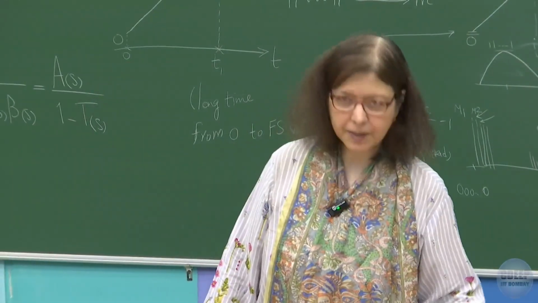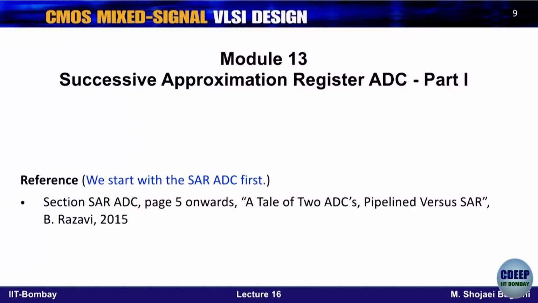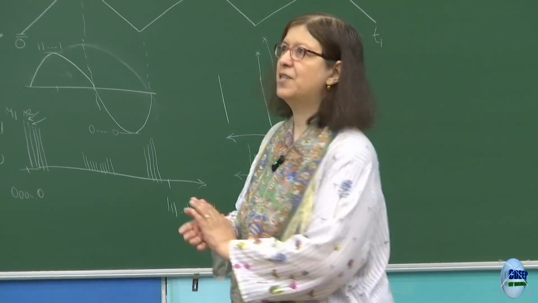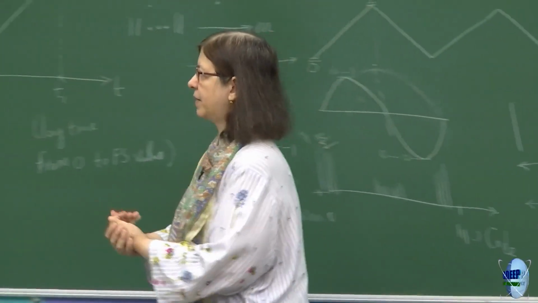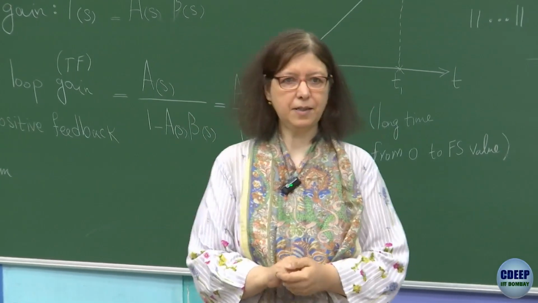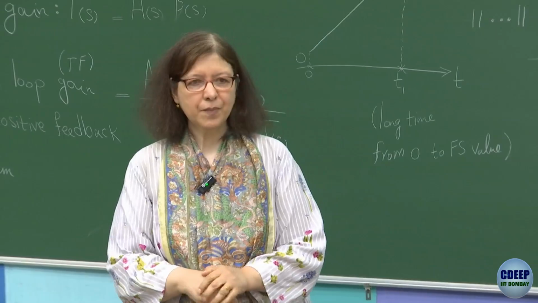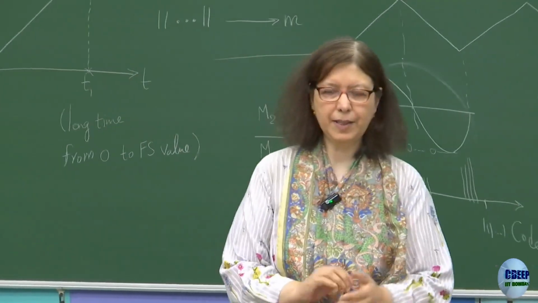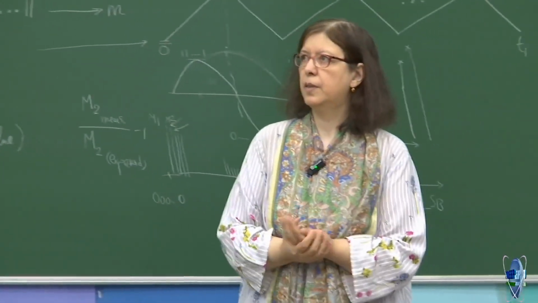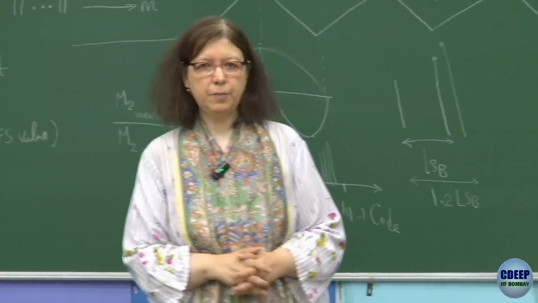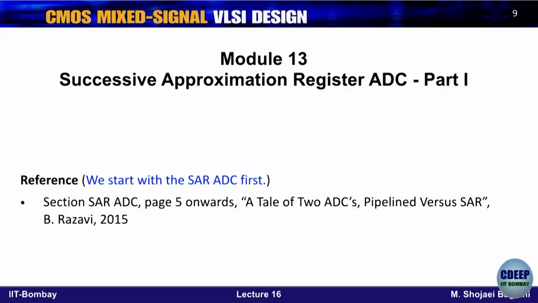So now we can move to the next module, which is exactly the extreme point with respect to flash ADC, and that is the successive approximation register ADC, called SAR ADC. Our main reference, with more analysis and information around it, will be Razavi's another article.